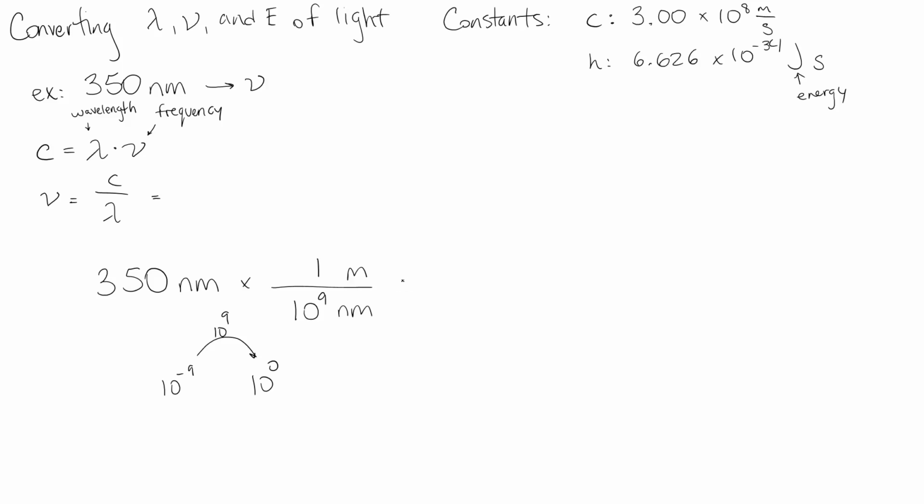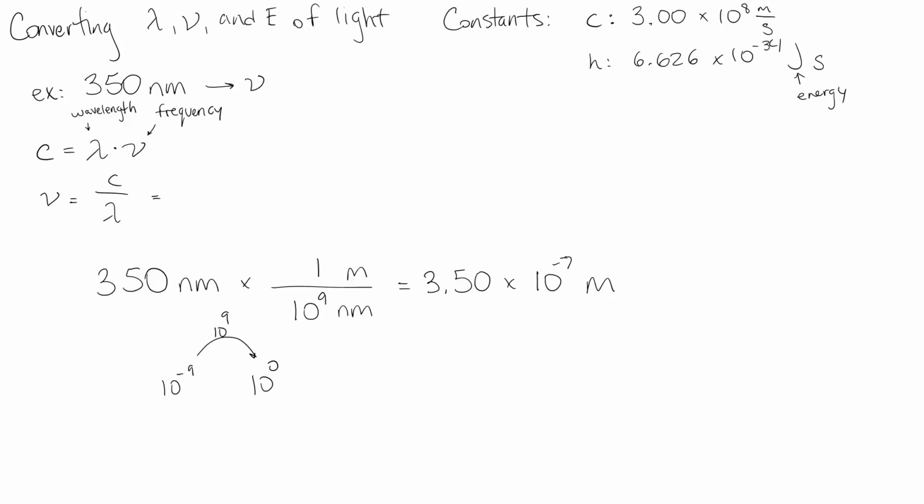If you're doing the math here, you'll get the number of meters in 350 nanometers. That'll be 3.50 times 10 to the 7th meters. Sorry, not 7th, it should be negative 7.